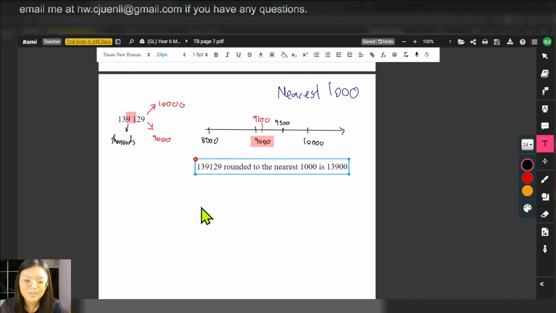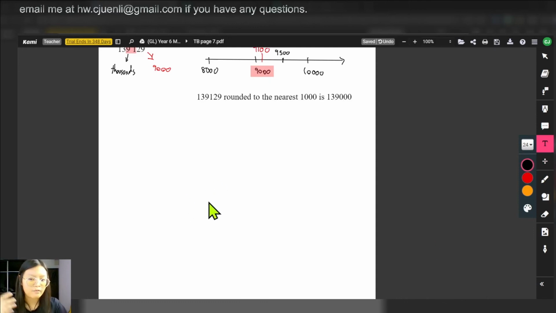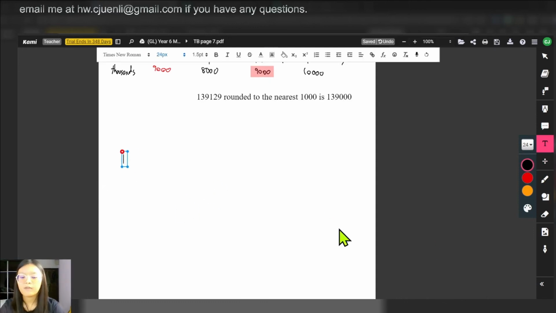Why did I put 1 to 3? 139,000. Right? So just ignore the rest, make them into zeros because we're not going to use them anymore. We're trying to estimate, we're trying to guess what number it would be. So let me just give you a very quick summary over here of what you can actually write down a bit more if you're confused with all of that, right?